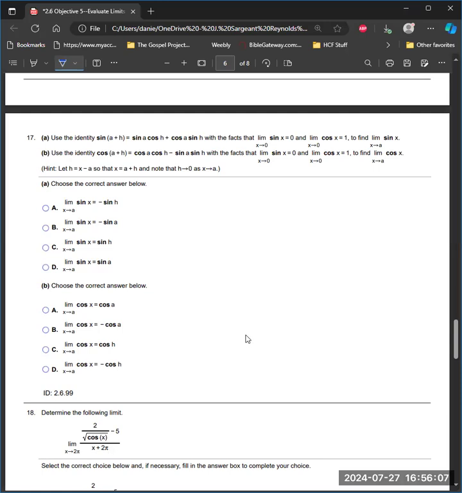Let's find the limit as x approaches a of sine x. So I think what they want me to do is sine of x plus h.